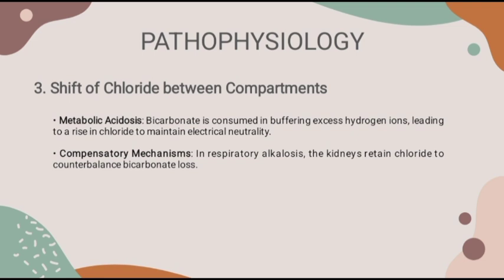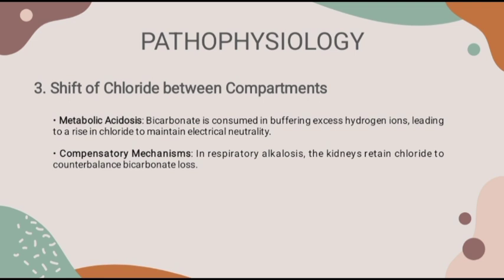Then, sa compensatory mechanisms, respiratory alkalosis occurs when there is too little carbon dioxide sa blood, making it less acidic. So, para ma-balance to, nagsi-step in yung kidneys para ma-restore yung pH level sa katawan natin. Normally, yung bicarbonate is filtered out para ma-help na ma-maintain yung acid-base balance. However, as bicarbonate is reduced, the kidneys start retaining chloride ions.